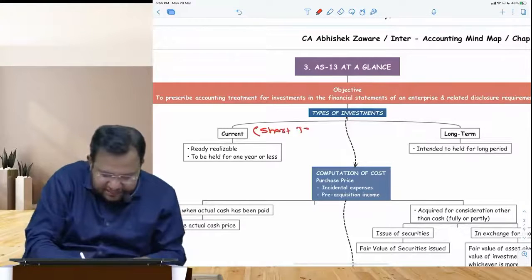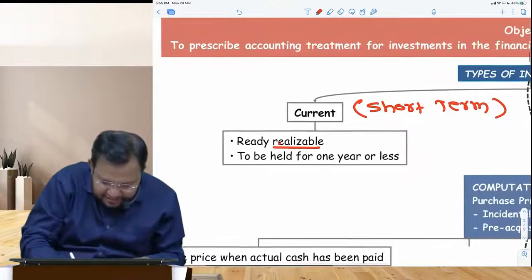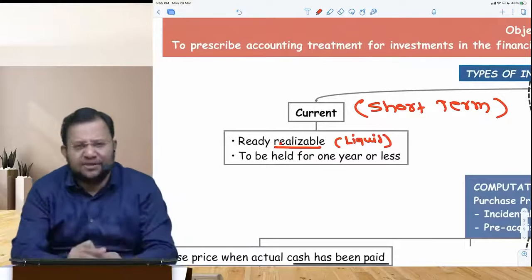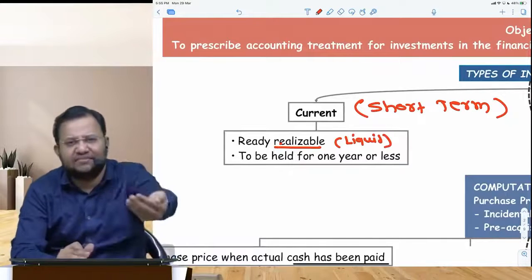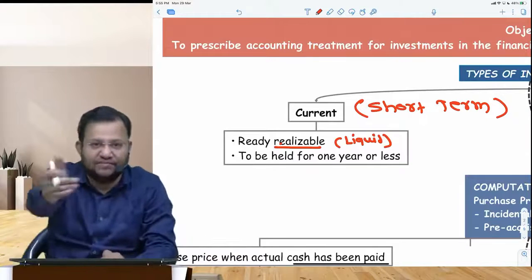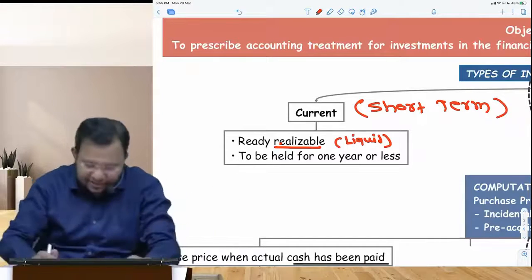The criteria for short-term investment is that they should be readily realizable, that is, they should be liquid. For example, when you invest in listed company shares, they are liquid because you get the money within 2 days of doing a transaction. Or when you invest in a mutual fund, you get the money in about 4 to 5 days from making an investment. So they are liquid.